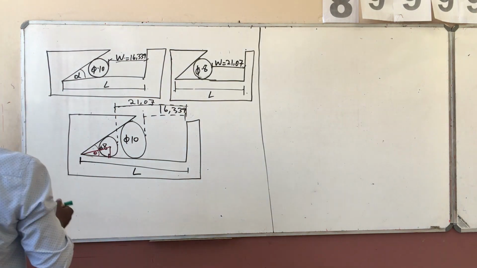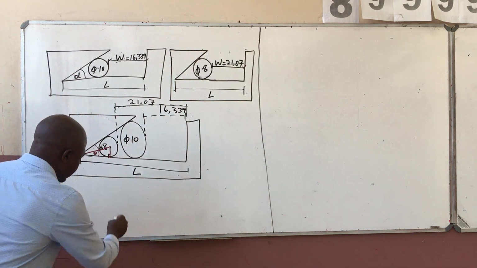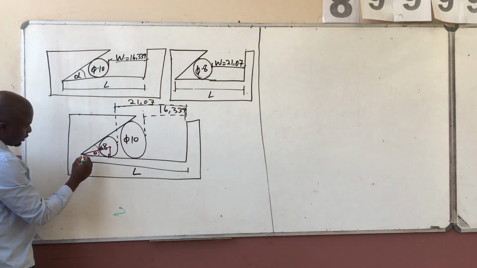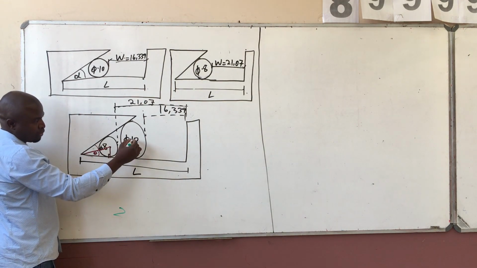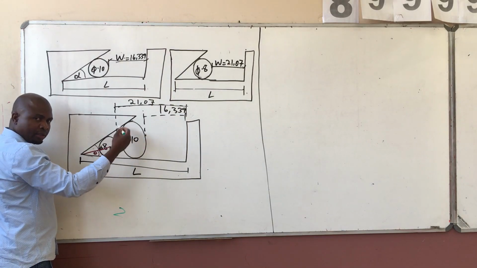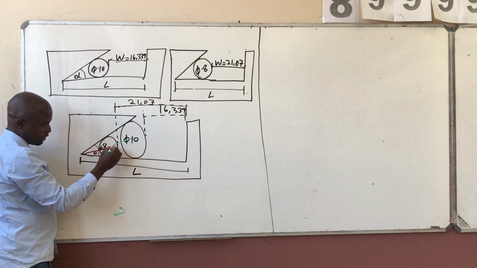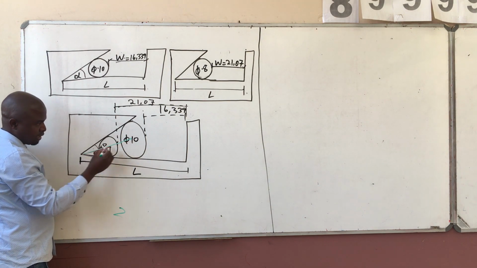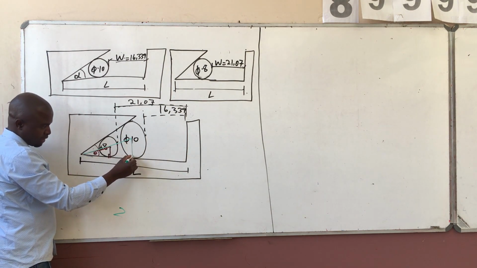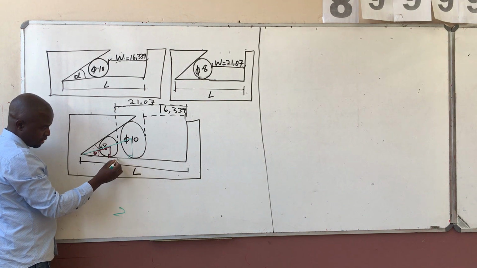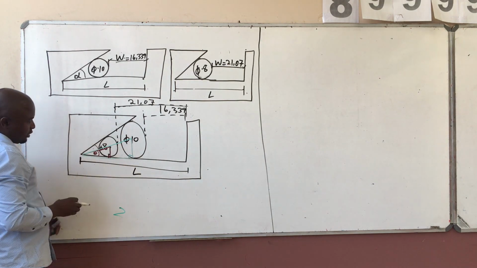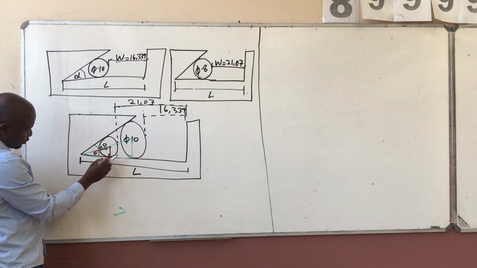So the other triangle, I will construct it from the bigger roller. From the center till the corner, there is my second triangle. The first one also goes there.